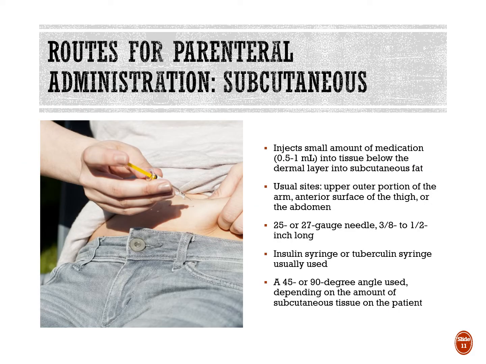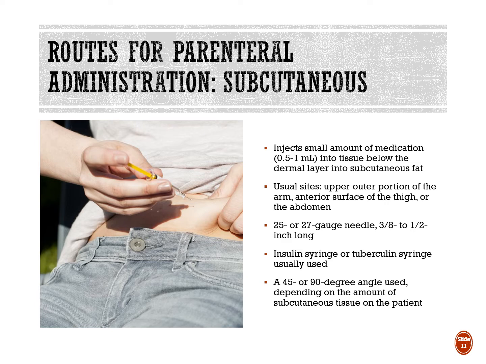The subcutaneous route is usually in the upper portion of the upper outer arm, the anterior surface of the thigh, or the abdomen where there are no major vessels or nerves. Small amounts of solution, up to 1 milliliter in volume, can be injected subcutaneously with either a tuberculin or a 3 mL syringe.